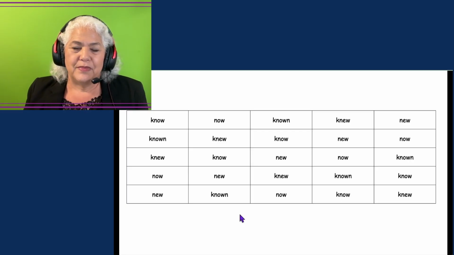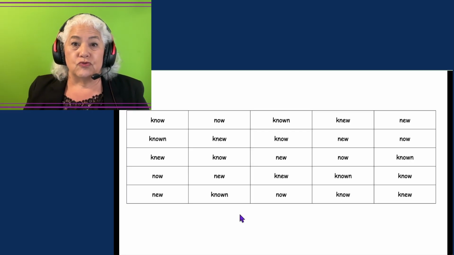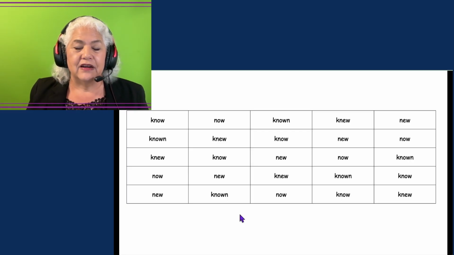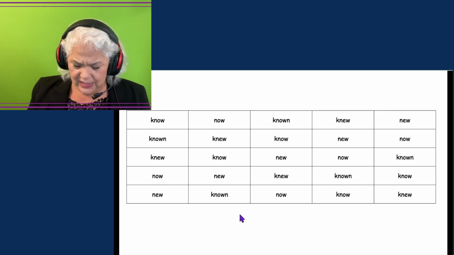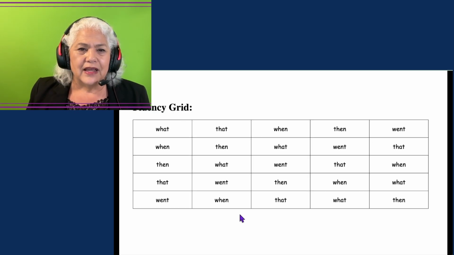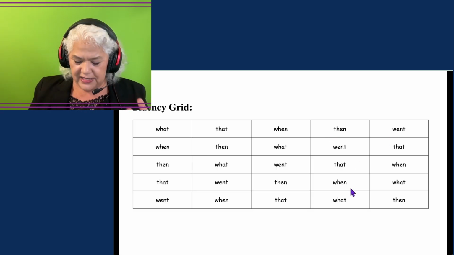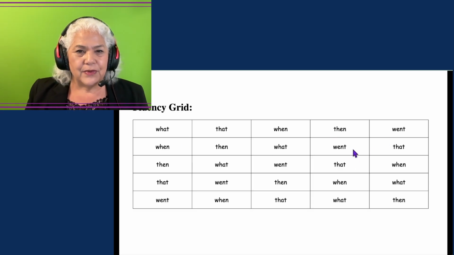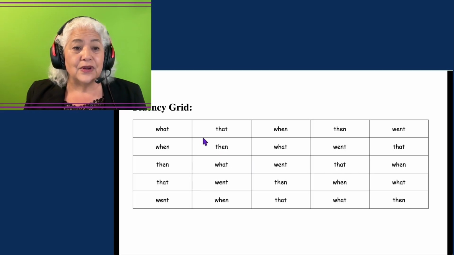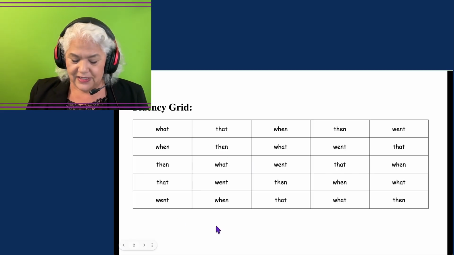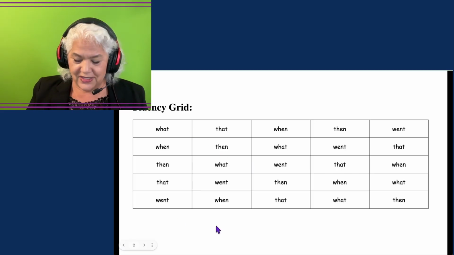So, anytime one of my students would have something that really stumped them, we would put it in here and practice it. For instance, I had one like this with what and that and when and then and when. The words that are easily confused. And see, so every row has the same 5 words in a different order, and every column has the same 5 words in a different order. I don't know what that pattern's called.